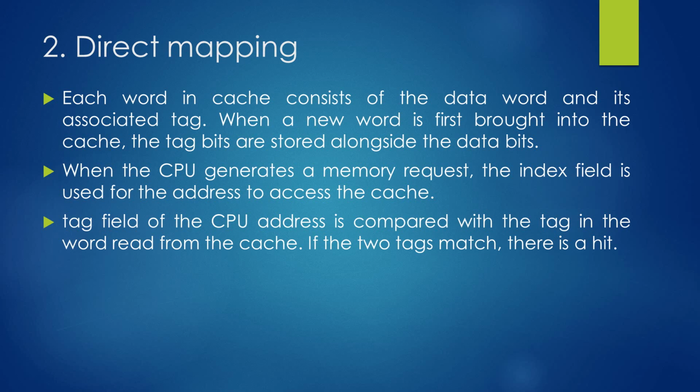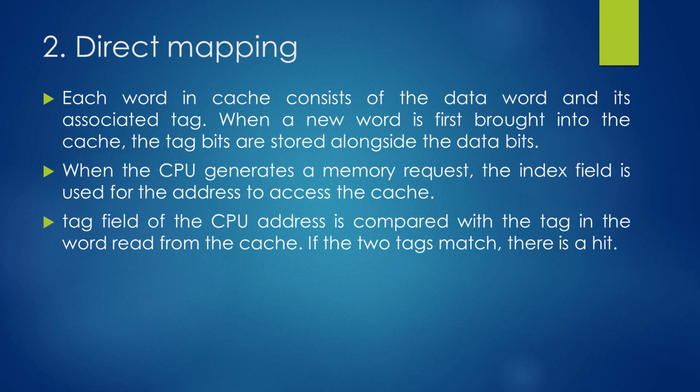When the CPU generates a memory request, that means whenever the CPU wants to access something, the index field is used as the address to access the cache. That means whenever the cache is being searched for the data, the index field will be used.